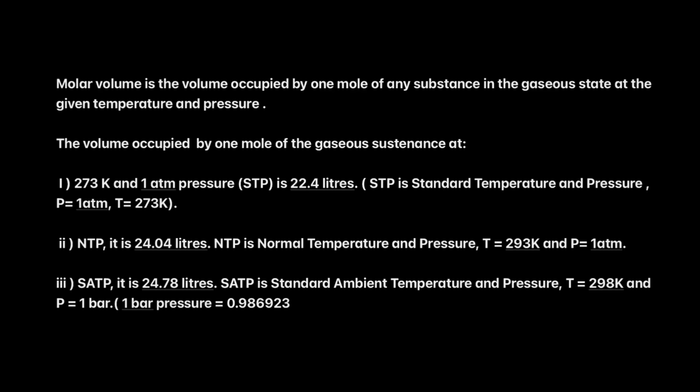NTP refers to normal temperature and pressure, that is 20 degrees centigrade or 293.15 Kelvin and 1 atmosphere pressure. At SATP, it is equal to 24.8 liters. SATP is standard ambient temperature and pressure, that is room temperature or 25 degrees centigrade or 298.15 Kelvin and 1 bar pressure.